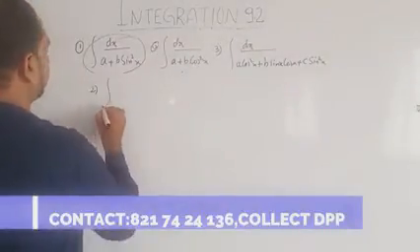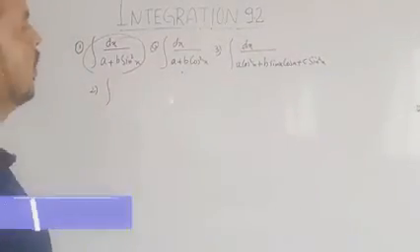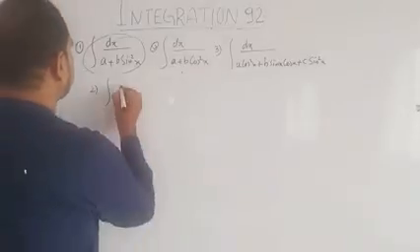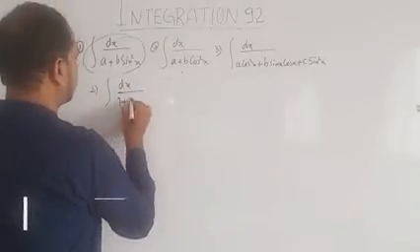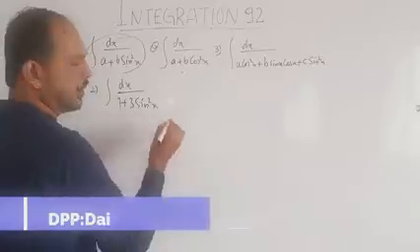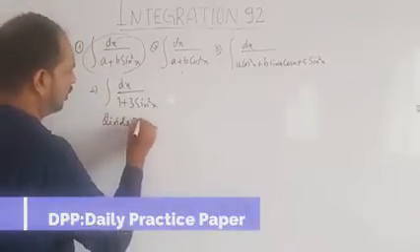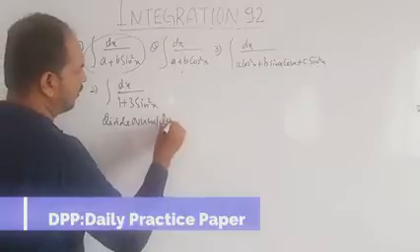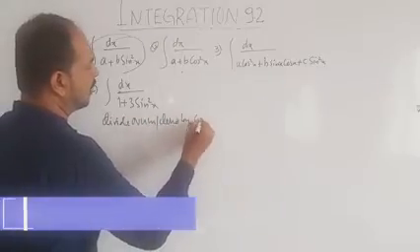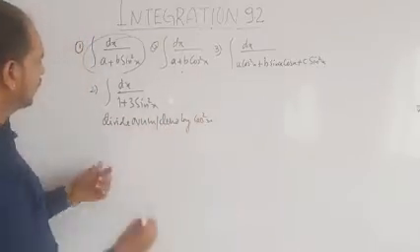Second problem: integration of dx by 1 plus 3 sin square x. Again divide numerator and denominator by cos square x. So what happens?